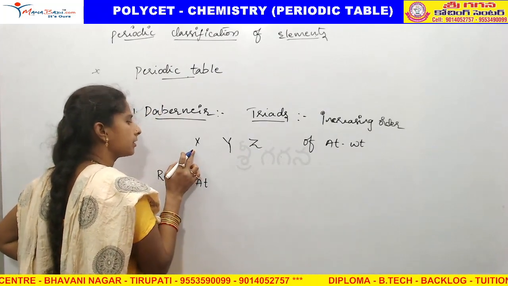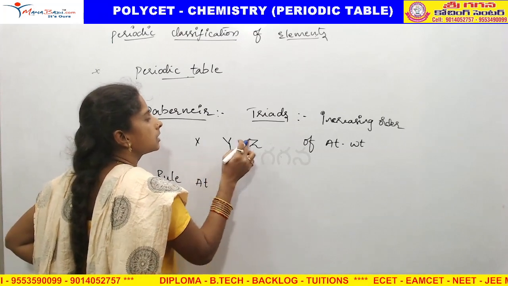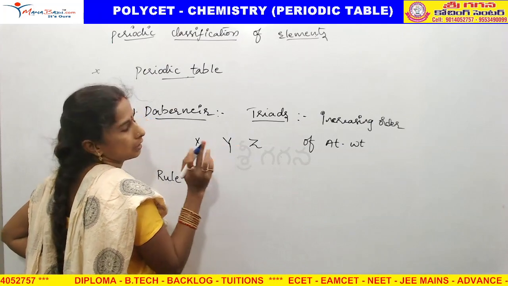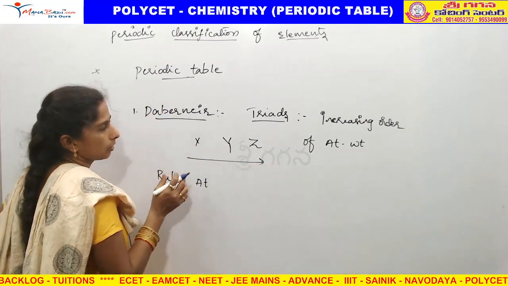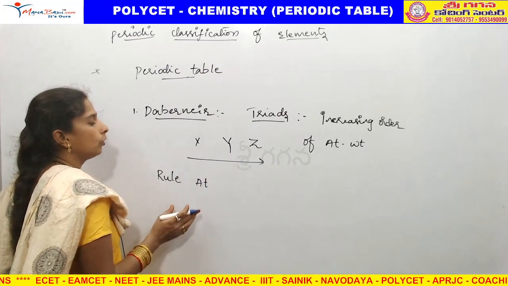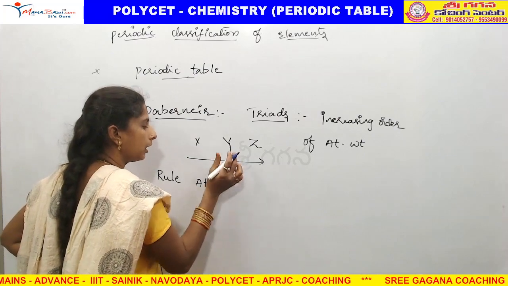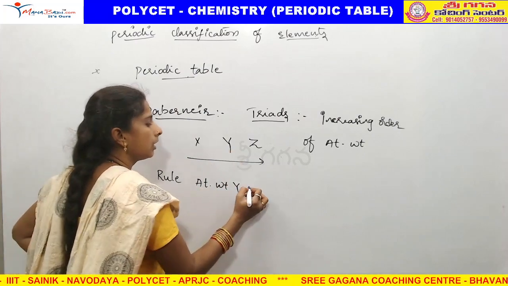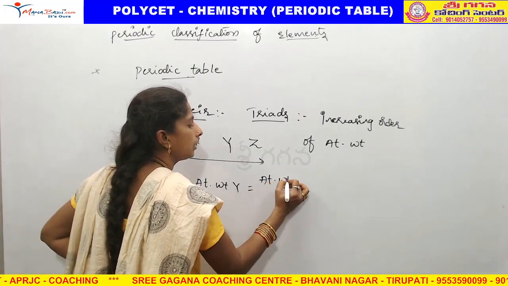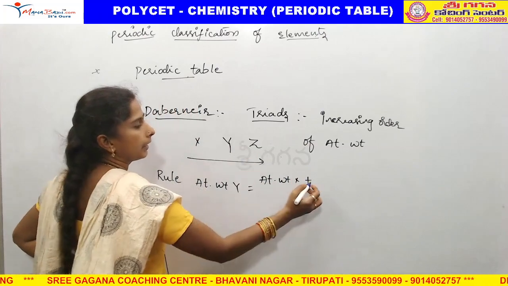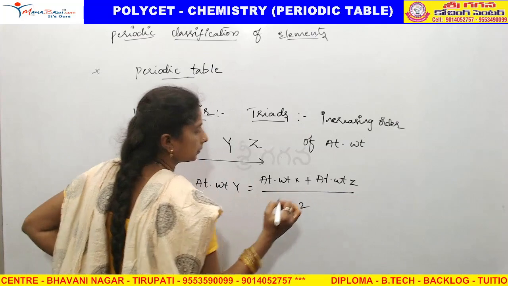X has some atomic weight, Y is greater than X, and Z is greater than Y. The rule of his triads is that the atomic weight of the middle element Y equals the atomic weight of X plus the atomic weight of Z, divided by 2.